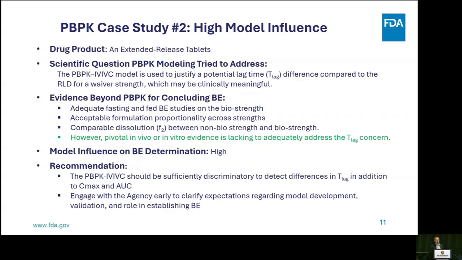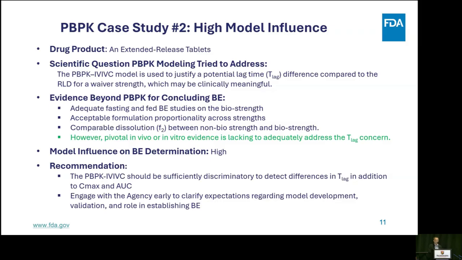The second case is also a very unique case. It has high model influence. It is an ER tablet. In this whole workshop, you heard about a lot of PBPK modeling and simulation, but all of this PBPK model development and validation is based on Cmax and AUC.